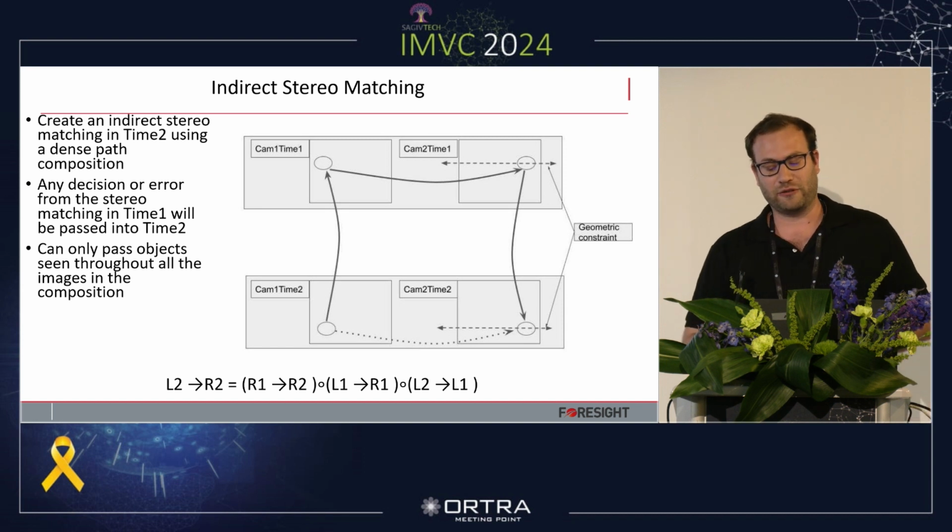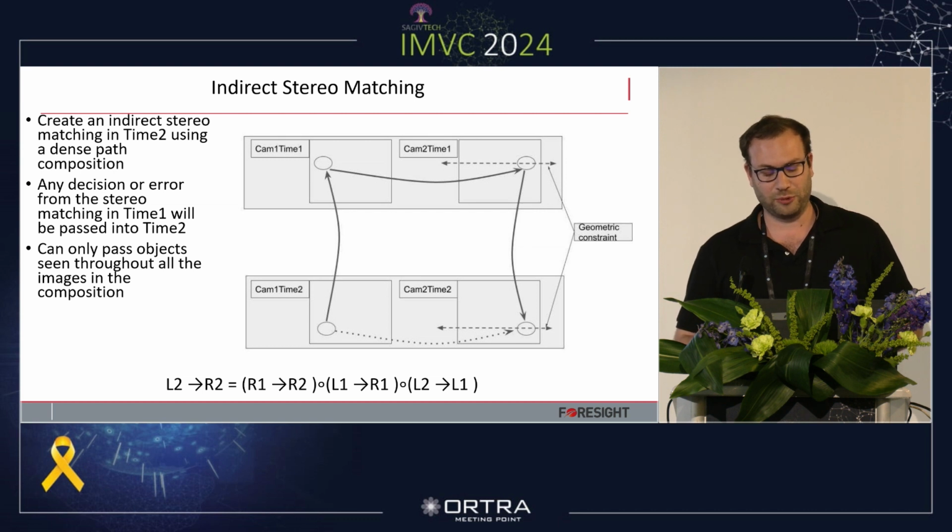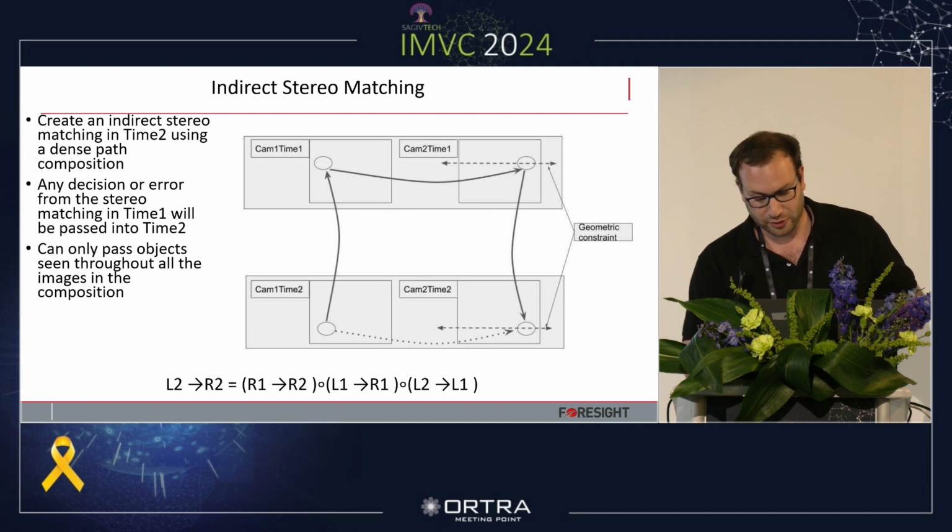We estimate the optical flow in each camera from the new point in time to the previous point in time, and combine the optical flow with the previous disparity estimation to create an indirect estimation between the two new images. Basically, we combine a path from the new left image to the previous left image, to the previous right image, to the new right image. All this is done with existing optical flow blocks and simple remap operations.